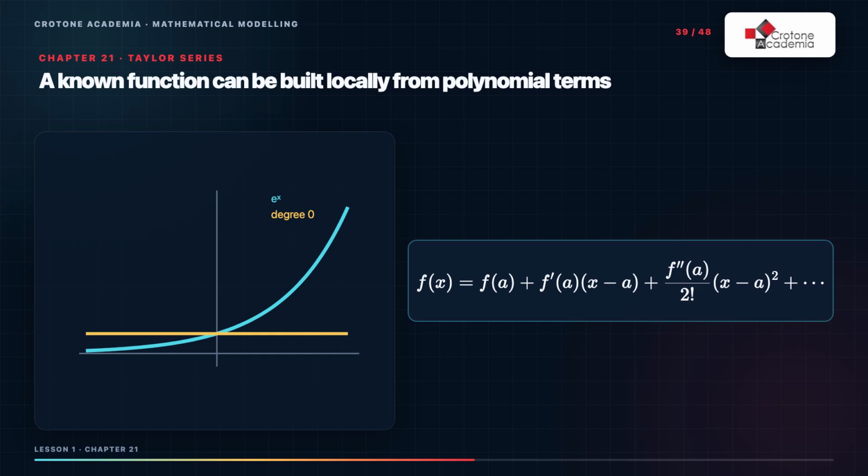A function is analytic near a point when it can be represented there by a convergent power series. Merely having a written formula does not automatically guarantee analyticity. For this introductory comparison, the key point is structural. Polynomial building blocks are multiplied by coefficients and added.